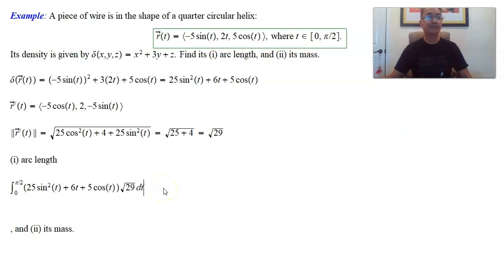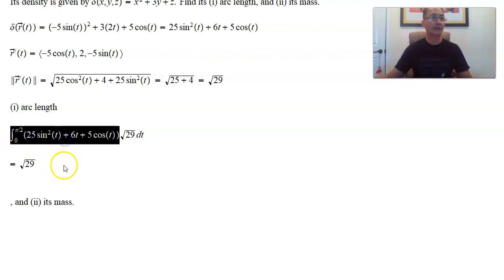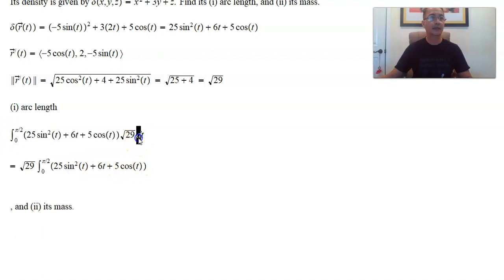That's our integral. The setup is, of course, the crucial step in the process. And of course, we can take that square root of 29 outside. Okay, so bring the rest here.